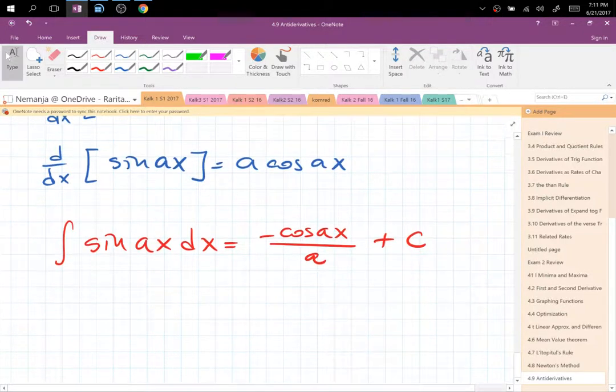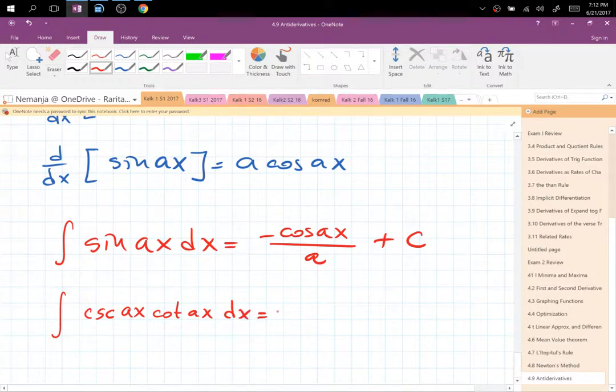So now you think about all of the trig functions. Let's say you have the integral of cosecant ax cotangent ax dx.